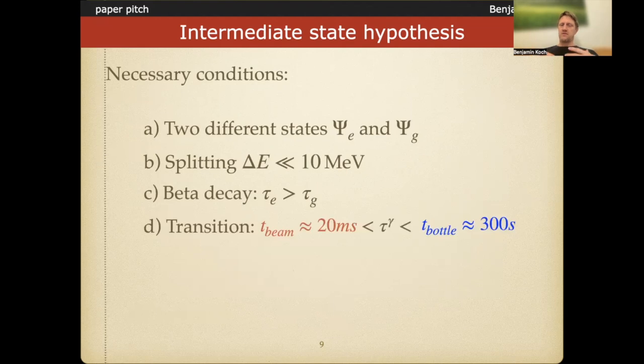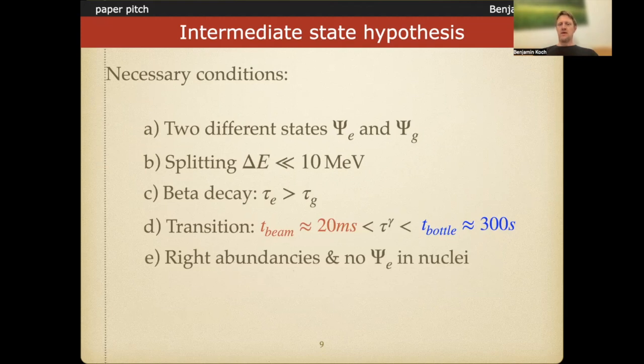You need the electromagnetic transition to happen somewhere between the beam and the bottle, which is somewhere between 20 milliseconds and 300 seconds. And then you also need the right abundancy, and you need that the excited state is not produced within the nucleus, because otherwise it would have been seen.